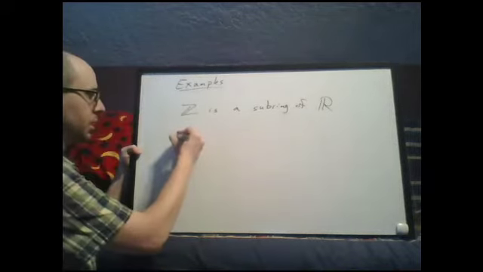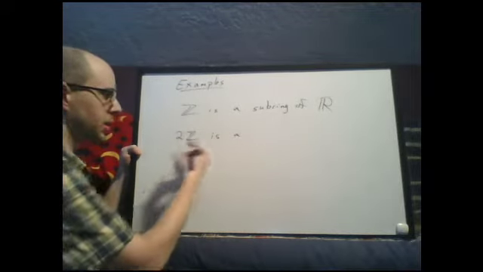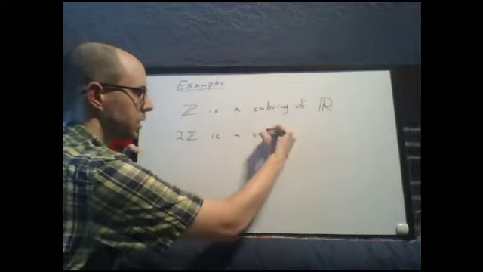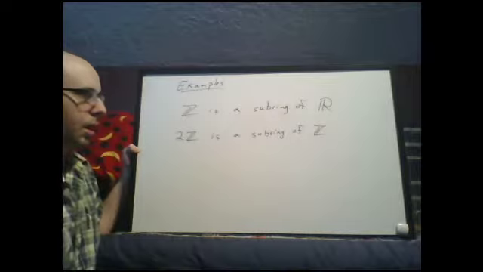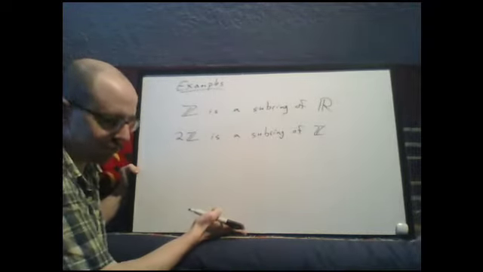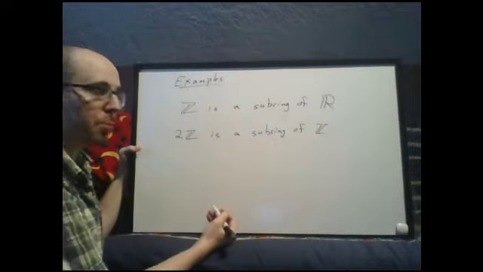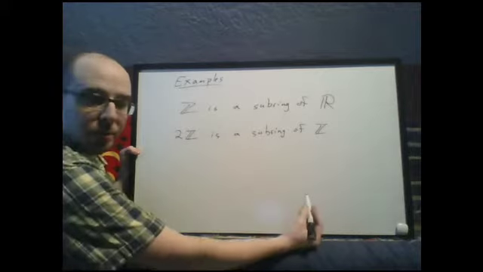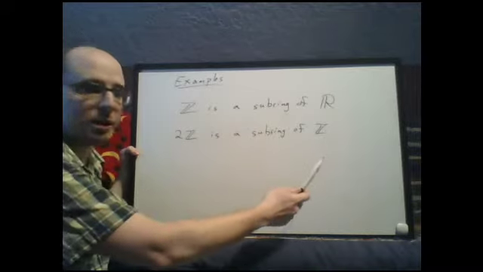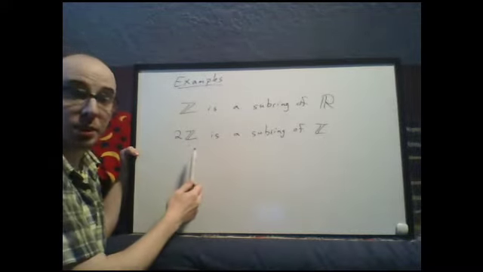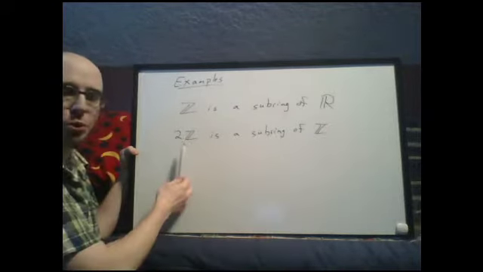Let me mention this. 2Z, the even integers, is a subring of Z. That's a relevant example because it illustrates something. As we talked about before, Z is a commutative ring with unity. Unity meaning it has a one element. 2Z, while still commutative, doesn't have one. So Z has a unity element, 2Z doesn't.